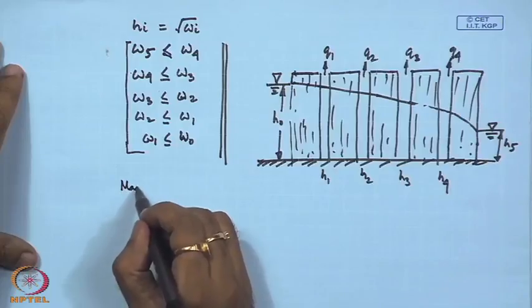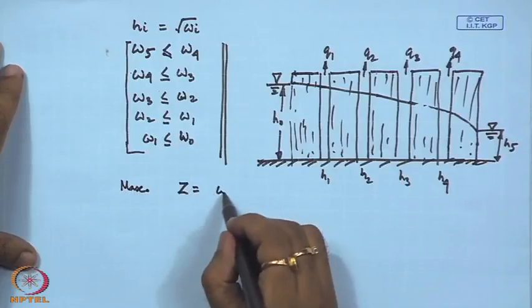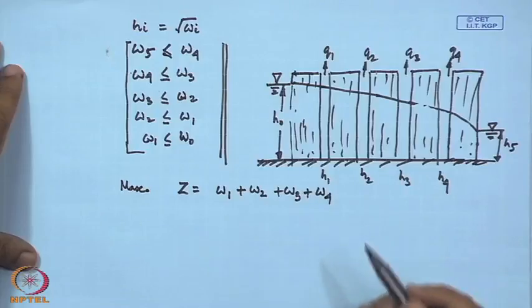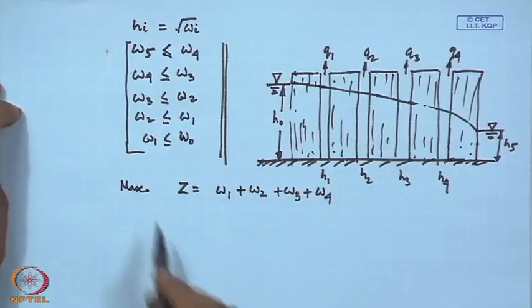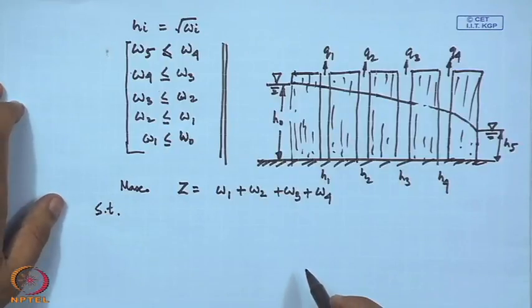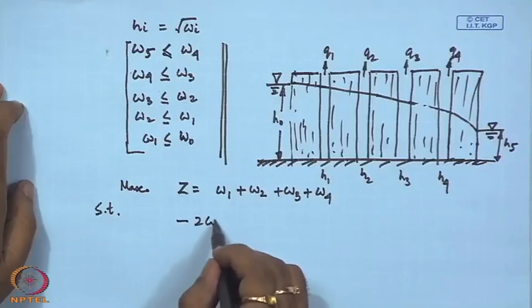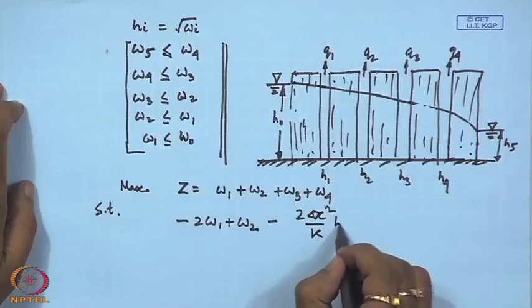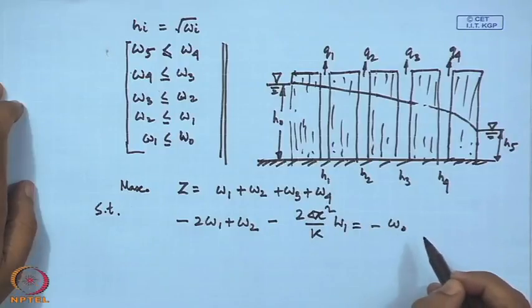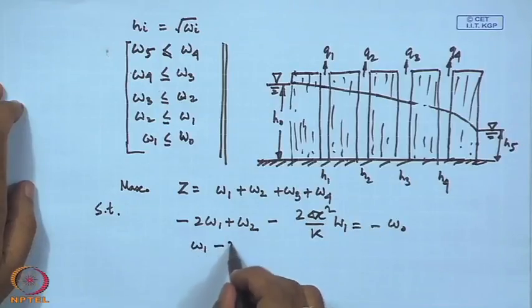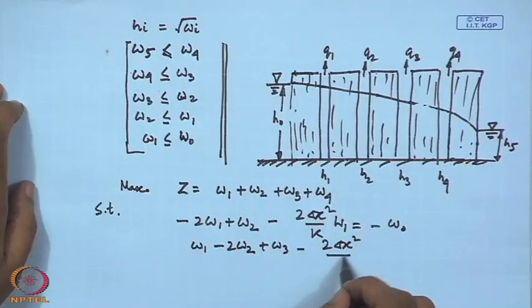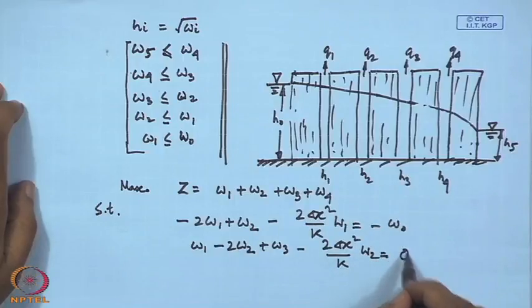We have the problem as maximize Z, where small w 1, w 2, w 3, w 4, this is our objective function, subject to finite difference equations, that is 2 W1 plus W2 minus del x square by k W1 minus W naught, and W1 minus 2 W2 plus W3 minus 2 del x square by k W2, this is 0.